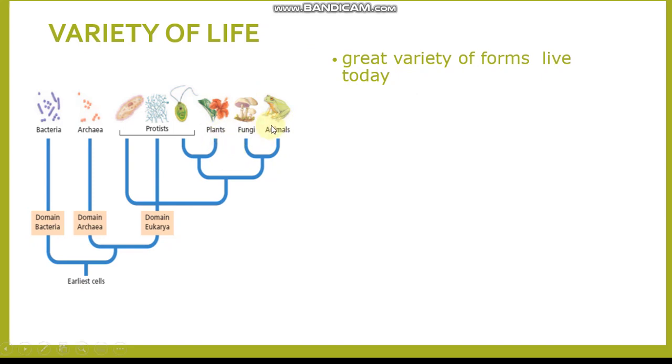So every animal is different from fungus, and fungus is different from plant. Likewise, these all three are different from archaea and bacteria. So there are various forms of life found on earth, and there are differences between these life forms.